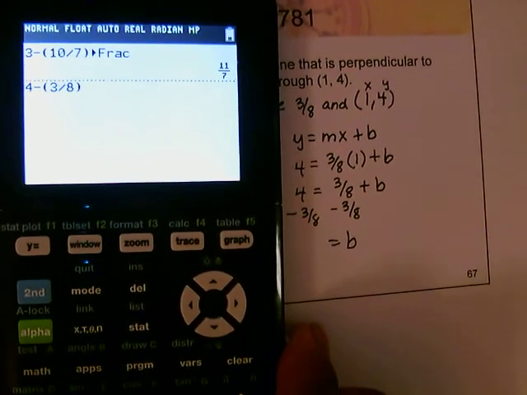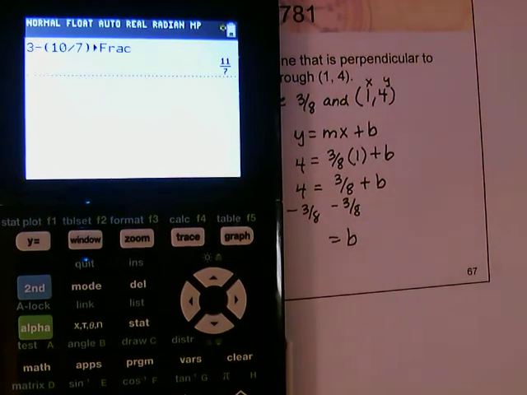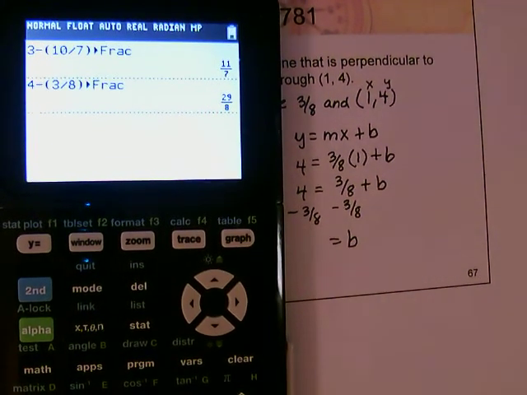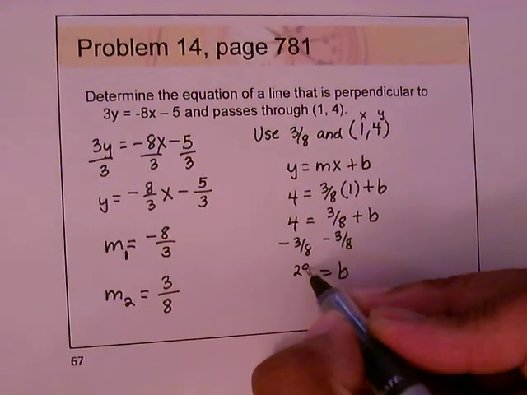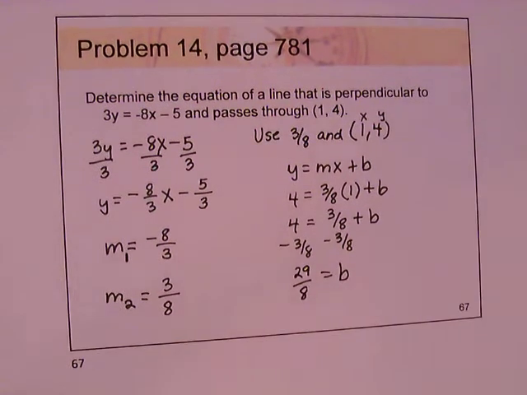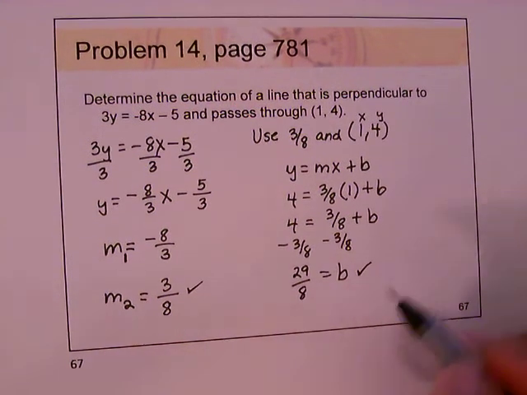The math key is over here. Select number 1 for fraction. That'll be 29 over 8. And that's your y-intercept. Here, I got the slope of 3/8, the y-intercept of 29 over 8.